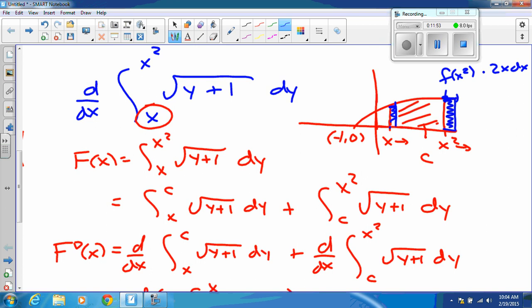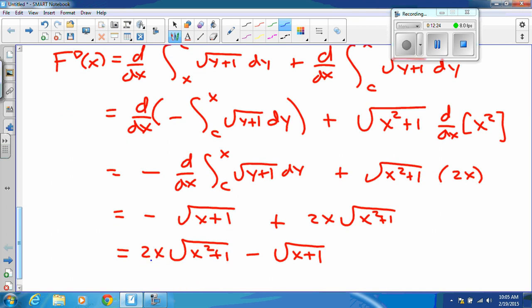Because x is increasing, it cuts into my region, and the result is that my area changes by a negative amount. How much? By the amount negative f of x times the amount dx. And my total change in area is these two added together. If I now take the total change in area and I divide it by dx to get a rate of change, then my dx's factor out and cancel, and what I get is 2x times f of x squared minus f of x, just like that.